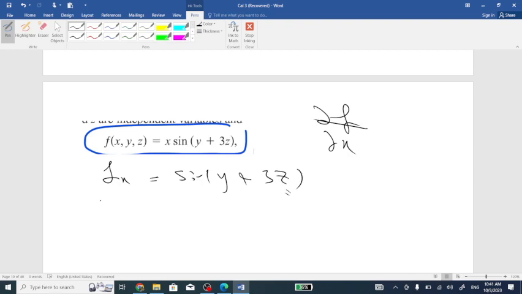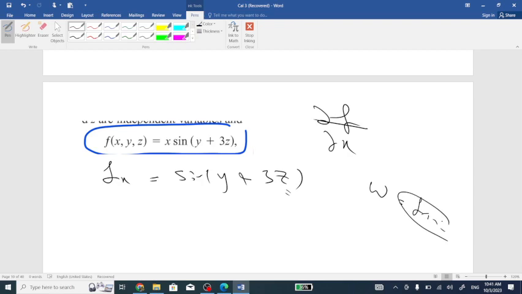This means that x, y, z are like x, y, the previous.